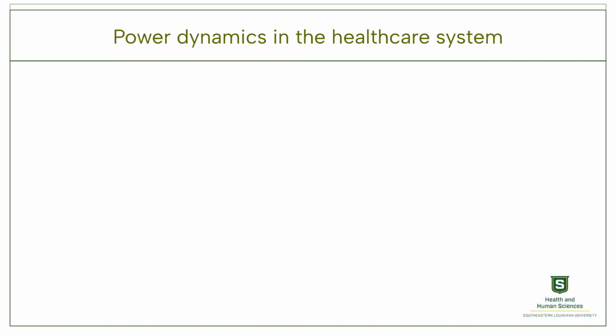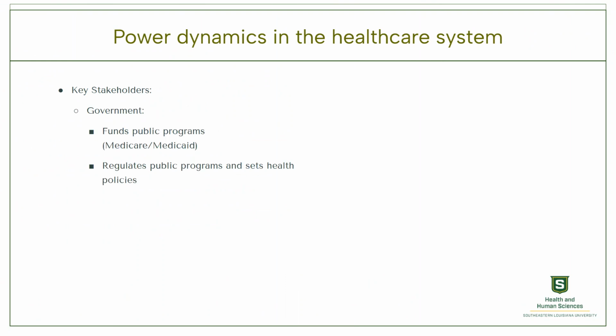A lot of what drives both the inefficiency within the U.S. healthcare system as well as the administrative cost of it is the power dynamics that exist in the healthcare system. Like I said, multiple key stakeholders. You have the government, which takes care of Medicaid and Medicare and regulates and oversees care delivery.